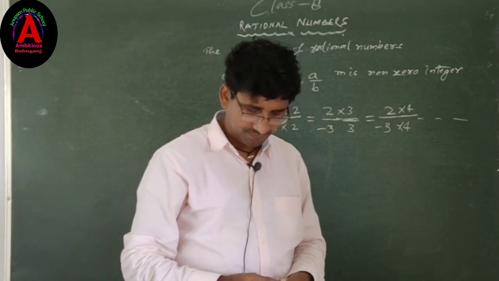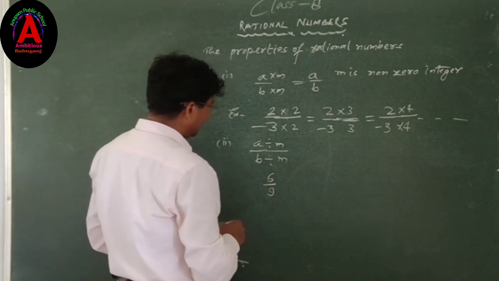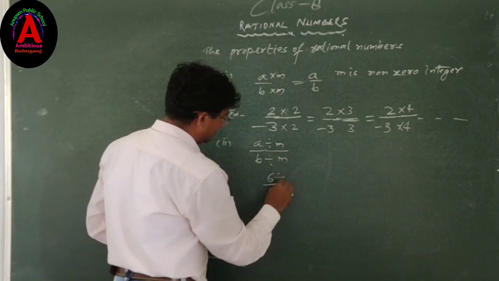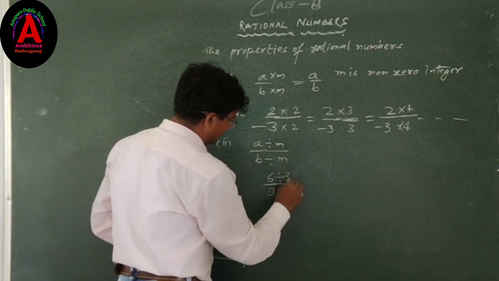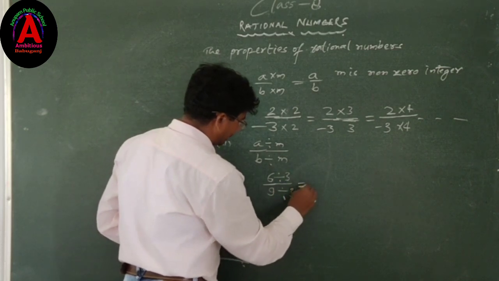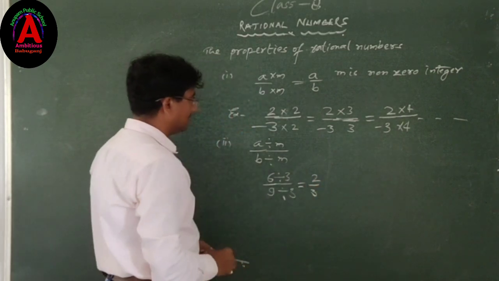Suppose 6 by 9 is divided by 3, we get 2 by 3.